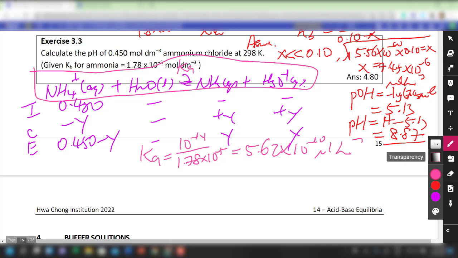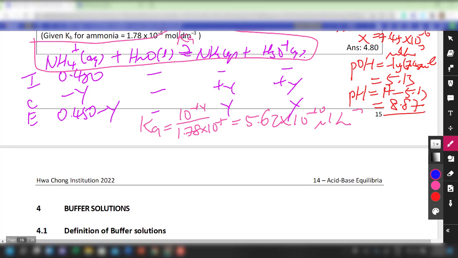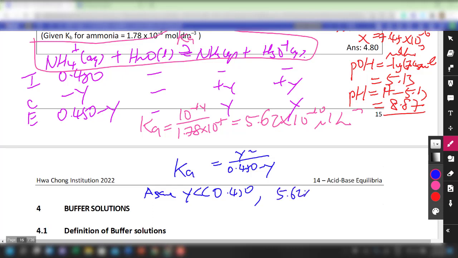From here I'm going to substitute this in and write a K expression. So Ka will be equal to y² over 0.450 minus y, and because we assume that y is much less than 0.450, I'm going to get 5.62 × 10⁻¹⁰ equals y² over 0.450.